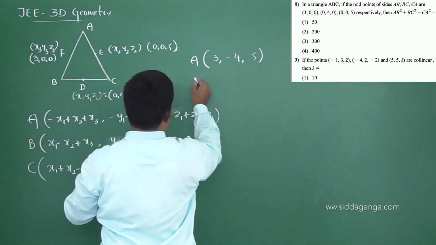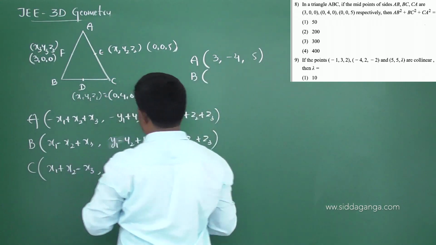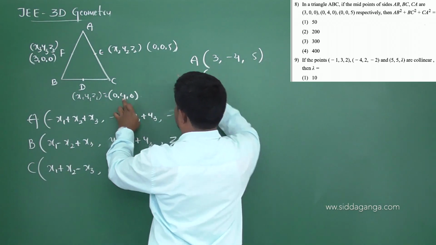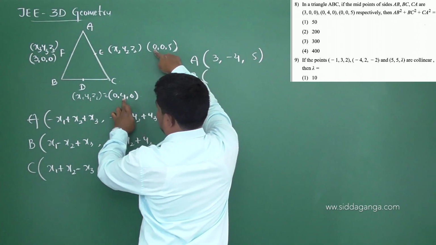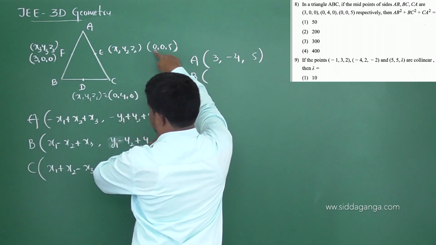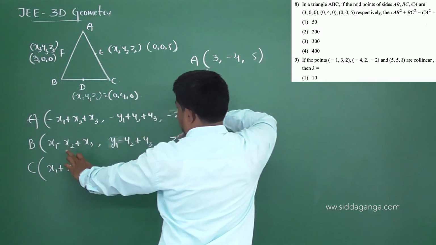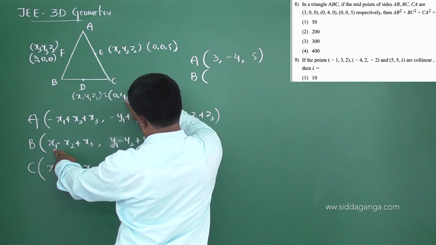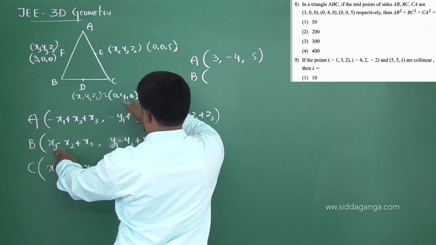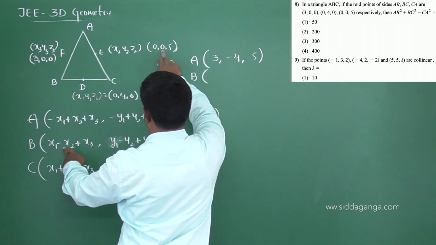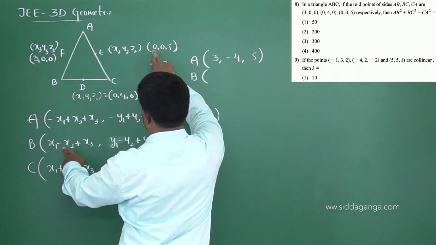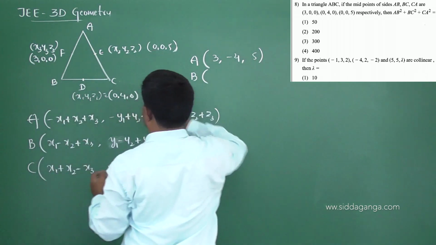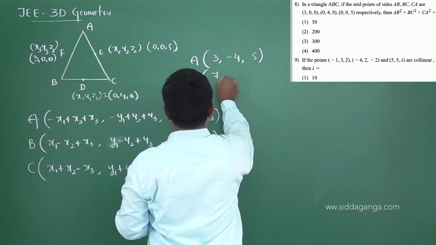This is your A. And B is given by x1 minus x2 plus x3.